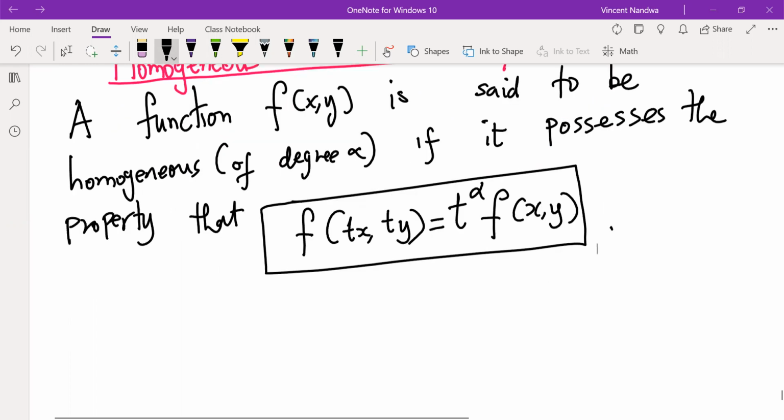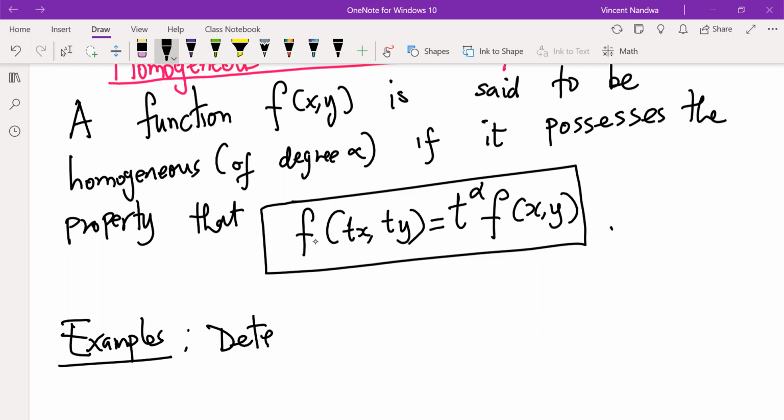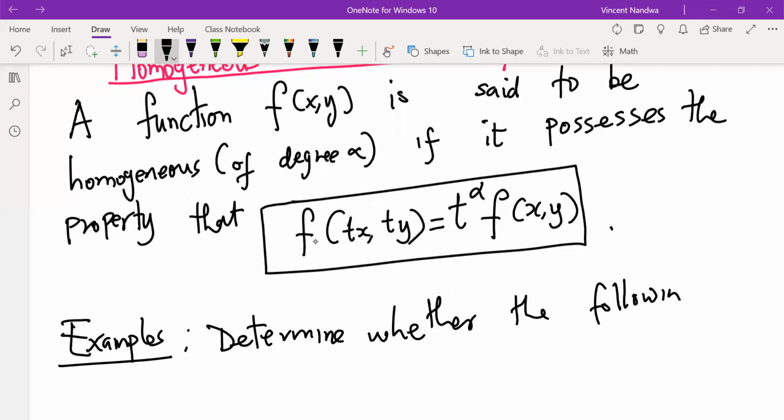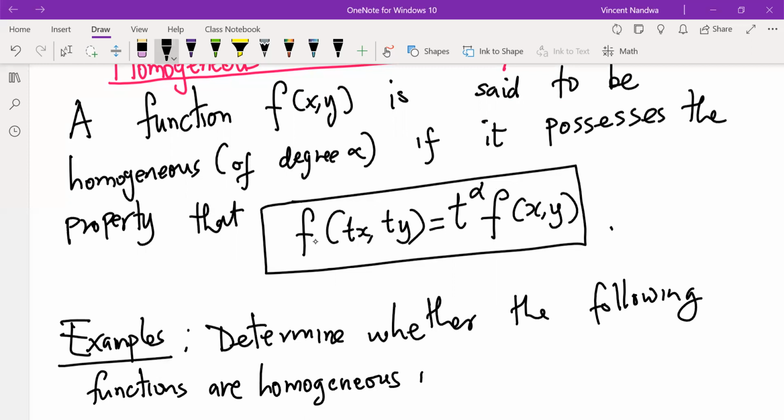So examples. Determine whether the following functions are homogeneous or not.